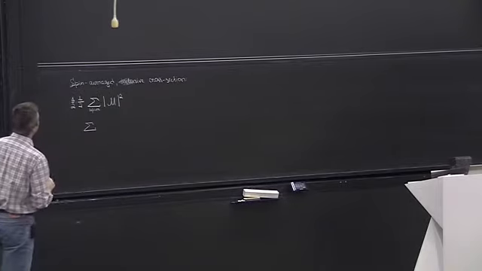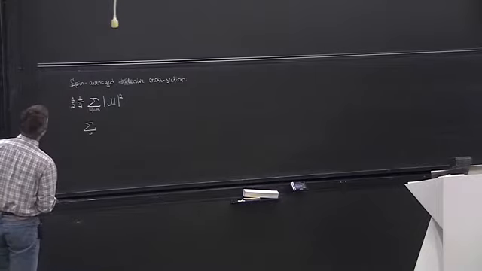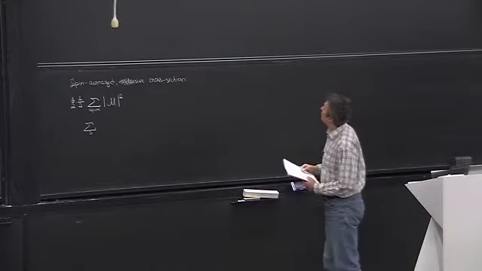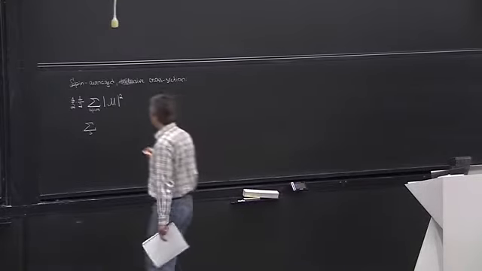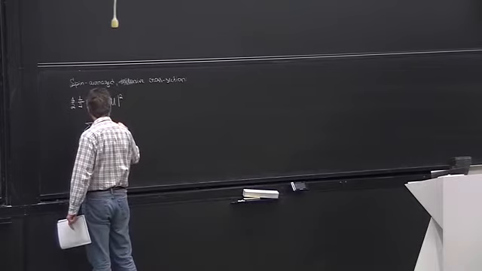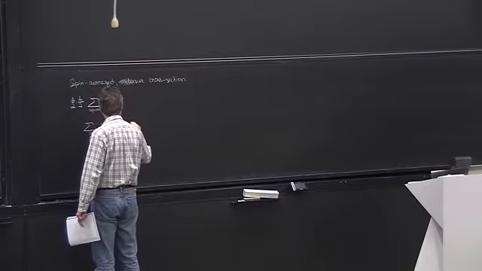So for instance, we need to compute the sum over S. Let's see where S appears in this formula. It appears in an expression like that: u s of p, u bar s of p.